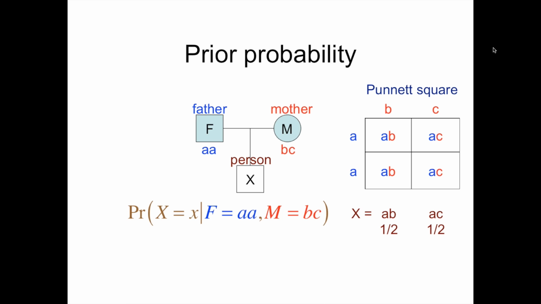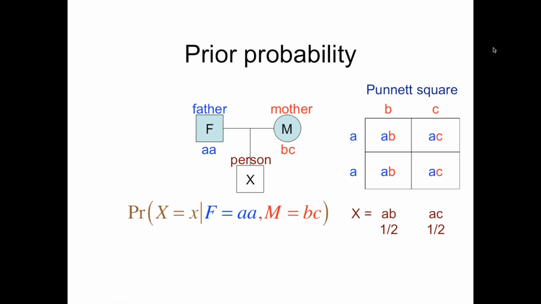So shown on the bottom left in brown, the probability that the person's genotype, capital X, has some value of allele pair little x, conditioned on, in blue, the father having an AA, and in red, the mother having a BB. Moving over to the Punnett square on the right, we see the father's genotype in blue is an AA, the mother's is a BC in red, and by combining the rows and columns, we obtain allele pairs AB, AB, AC, and AC.